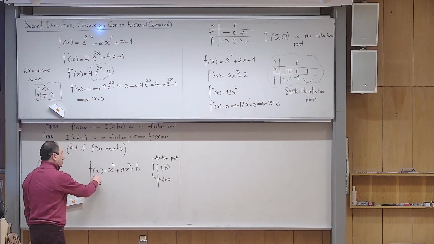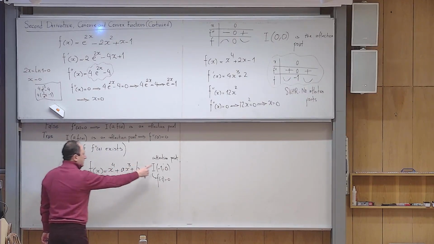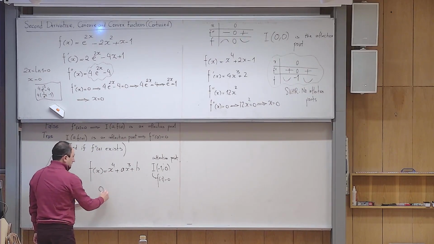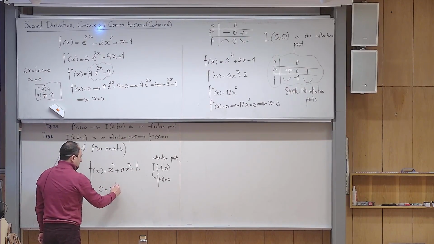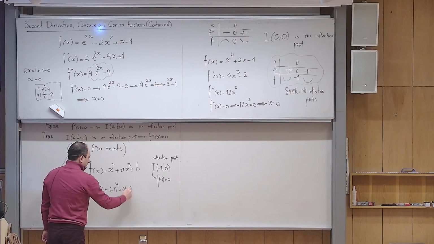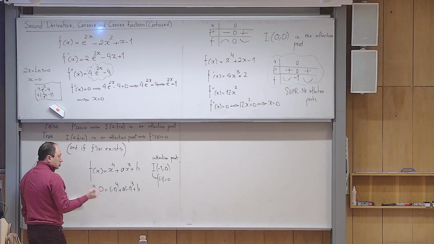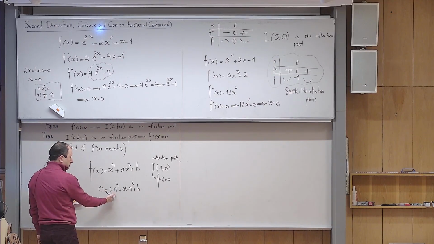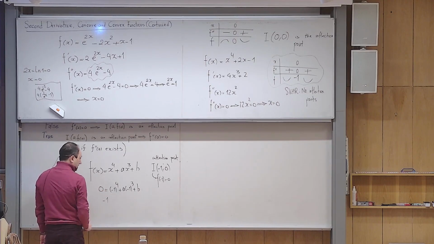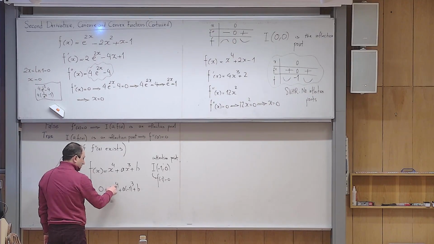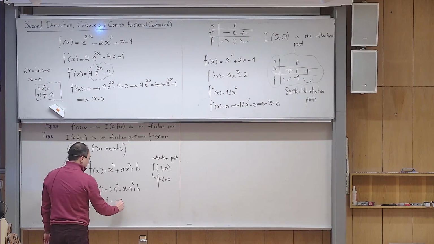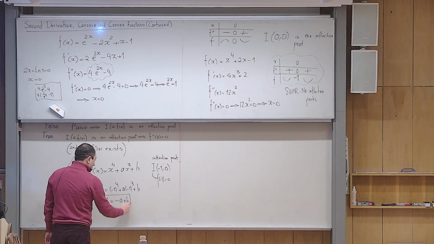Or the y coordinate is 0, the x coordinate is -1, as you like. So I put 0 here, and instead of that one, I put -1. And then I get an equation, but with 2 unknowns. So -1 to power 4 is +1. I move it to the left, and then this one becomes -a plus b. So this is one equation.